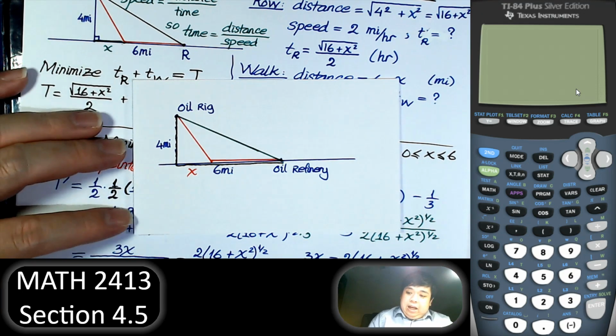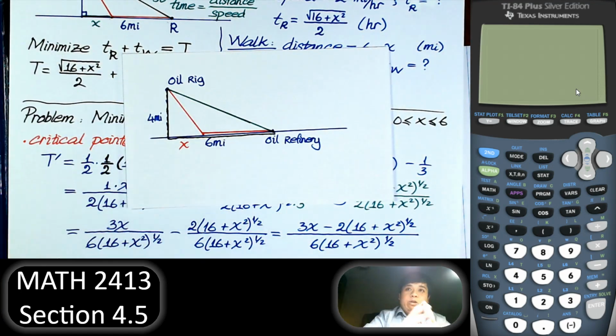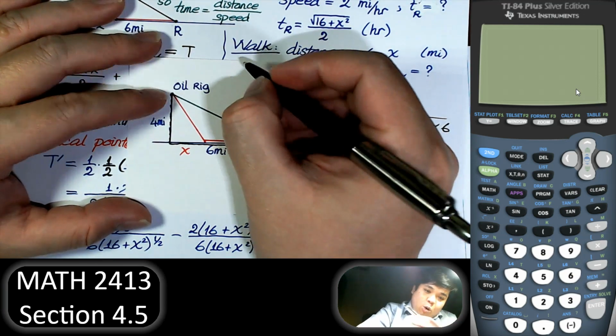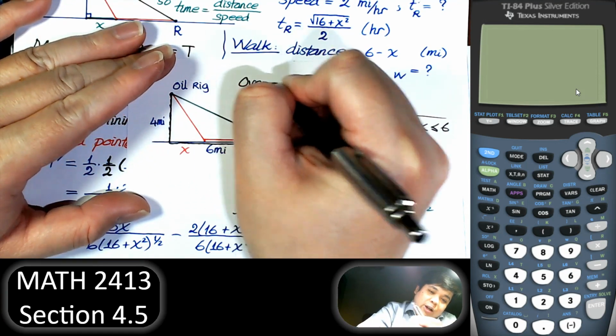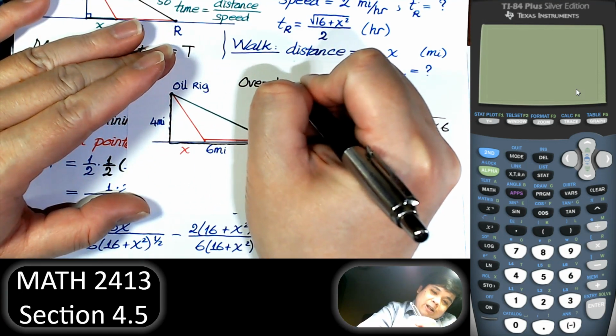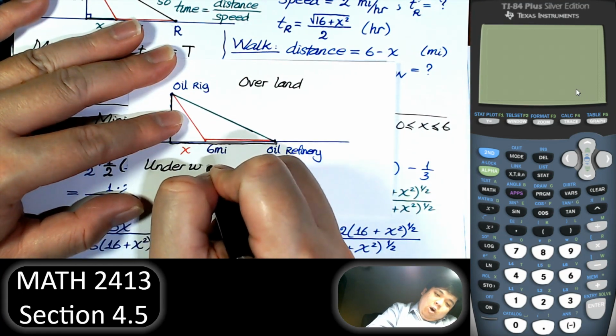So in this case, of course, we have the over the land pipeline and the under the water pipeline. This is over the water, over the land, and then underwater.